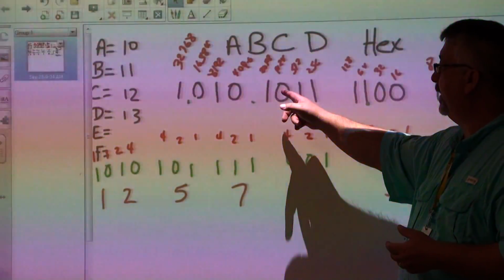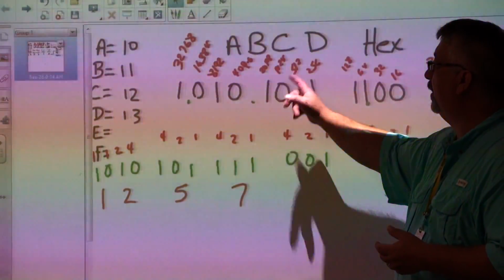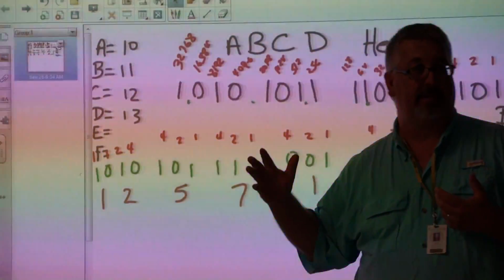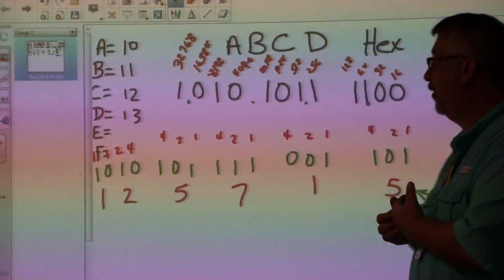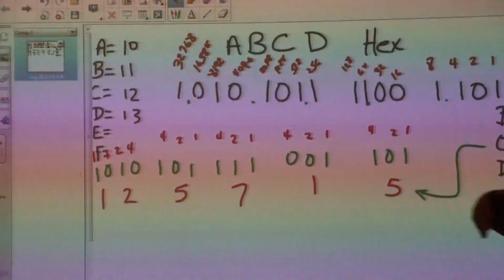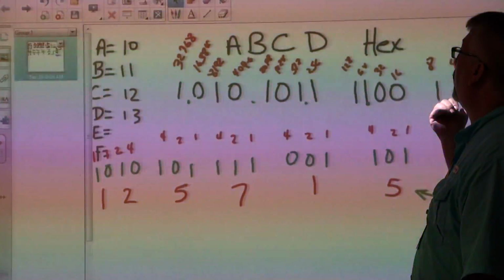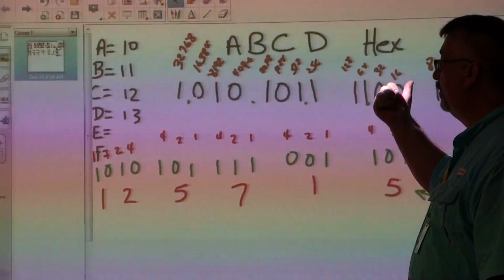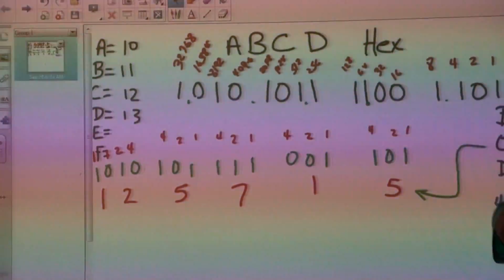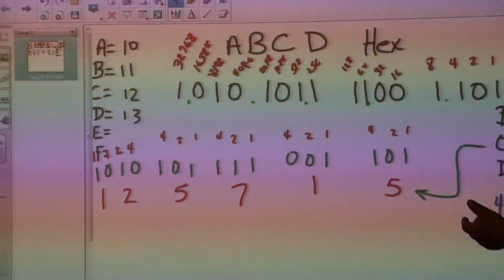And I had to get 11 for B, which is 8, 2 and 1, and then I had to get 10, 8 and 2. So that's how I got my binary equivalent, was just simply taking that hex, grouping it into 4 sections, making the last 4 equal D, which is 13, then 12, then 11, then 10. So boom, got my binary numbers up there.